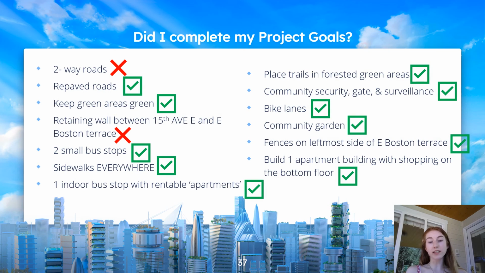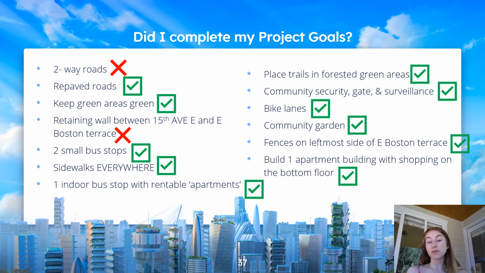So when I originally attacked this project, I had some really ambitious goals, and thankfully I was able to complete a lot of them with evidence as to why they were needed in the city. But some of the things like the two-way roads and retaining walls were not needed in the city that I chose to create. Everything else was accomplished with evidence and factors that supported the need for the improvements.